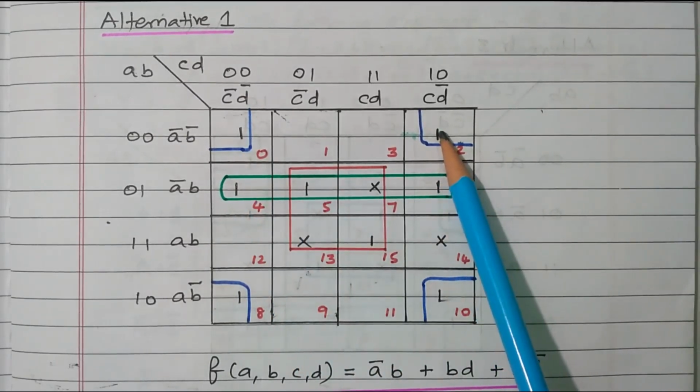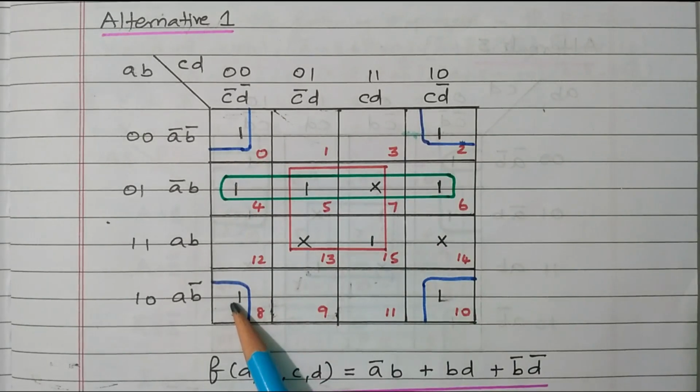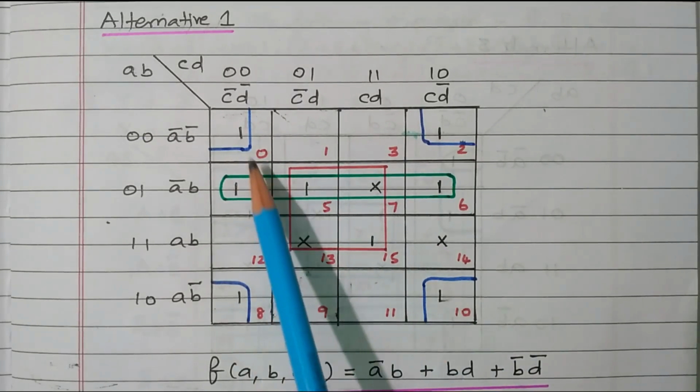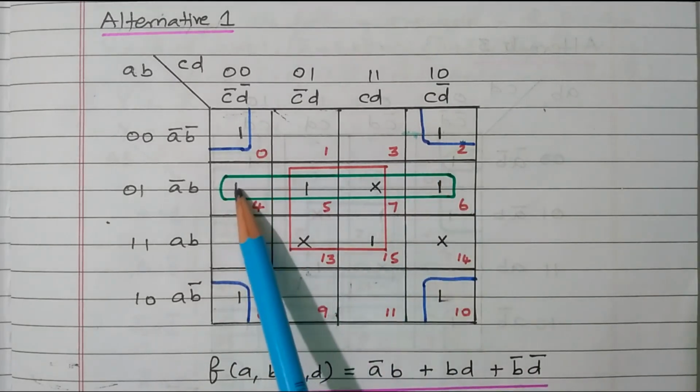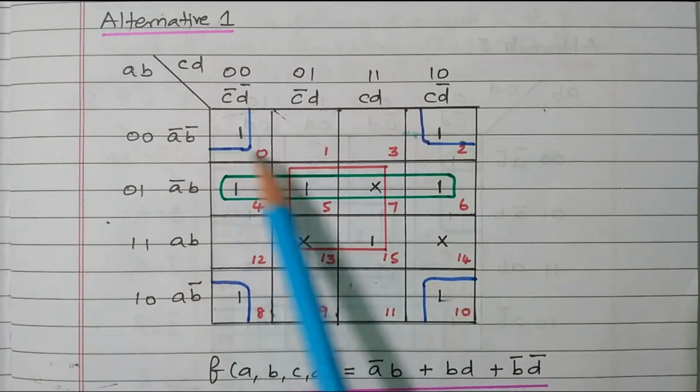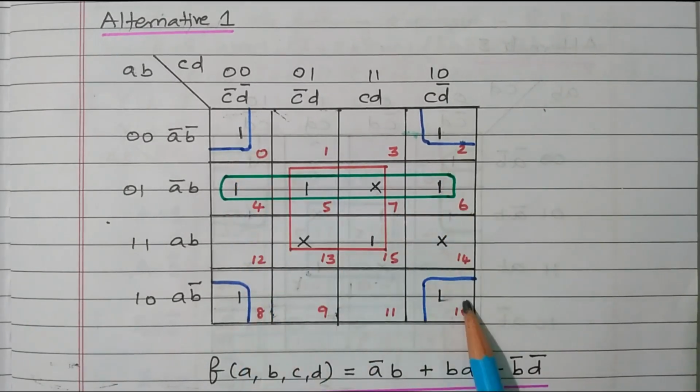But these two ones do not have any other possibilities. The other ones are nearby, with one more one available, so we can group these two, or these two, or these two. But these two ones are available individually, so we have to think about these two first.